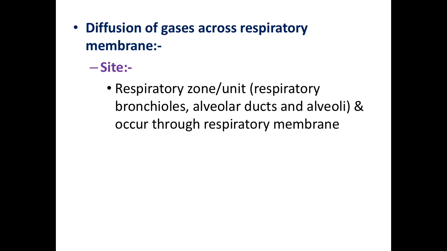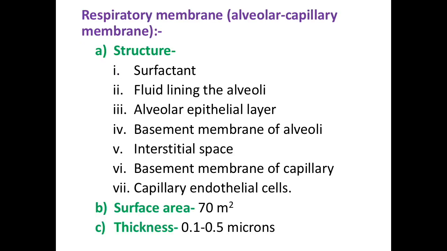Now let's talk about diffusion of gases across the respiratory membrane. It occurs in respiratory bronchioles, alveolar ducts and alveoli, and it occurs through the respiratory membrane. Now if we talk about the structure of this respiratory membrane, it is composed of surfactant, fluid lining the alveoli, alveolar epithelial layer, basement membrane of alveoli, interstitial space, basement membrane of capillary and capillary endothelial cells.